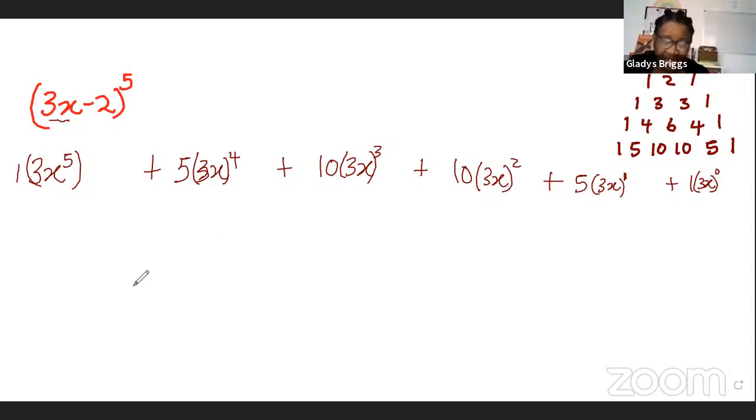Now we're going to times that by the other part, which is going to be going up.